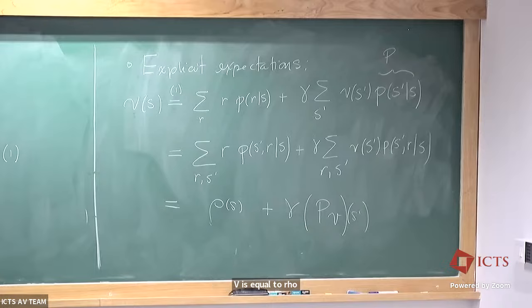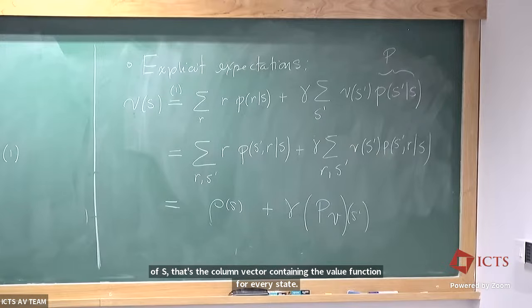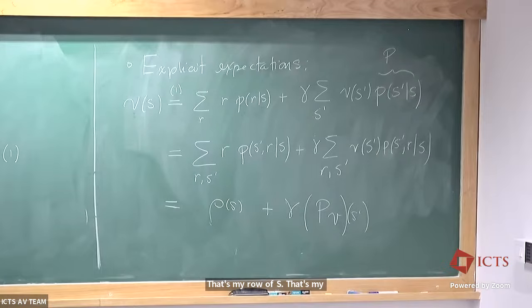So let's write this now in column. Here I have V of S. That's the column vector containing the value function for every state. That's my rho of S. That's my immediate expected return from starting from any of the state S. That's a column vector. Gamma is just a number.